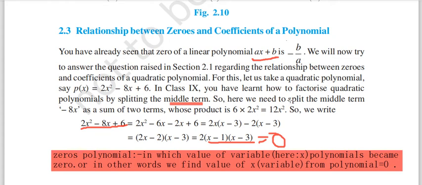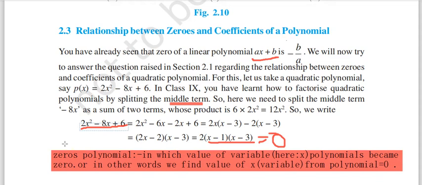So here we need to split the middle term minus 8x as the sum of two terms whose product is the product of the first and last terms, that is 6 into 2x square equal to 12x square. So we write it as this and this, and we find 2 into x minus 1 into x minus 3.